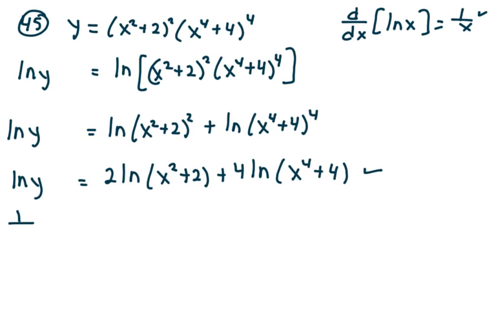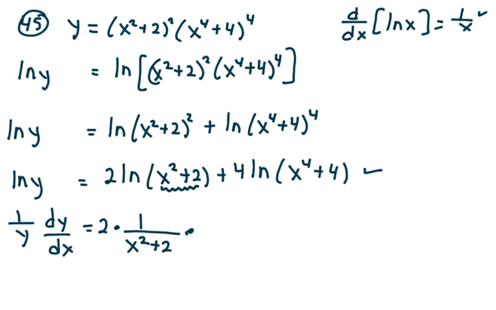Now, 1 over y dy/dx is equal to 2 times 1 over (x squared plus 2) times the derivative of the inside function with respect to x, which in this case is 2x.